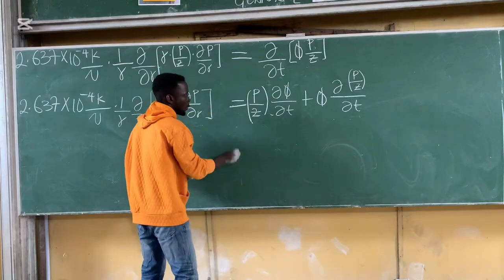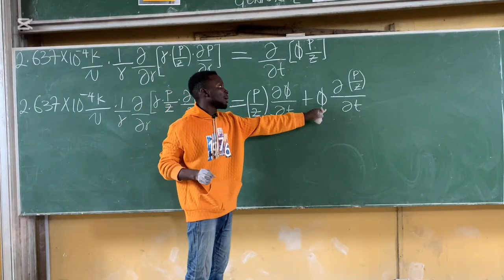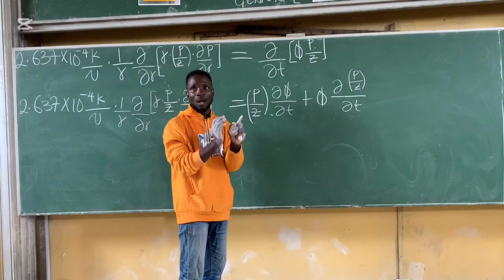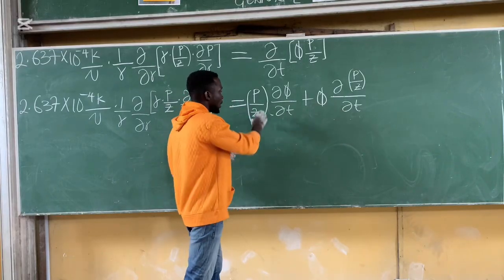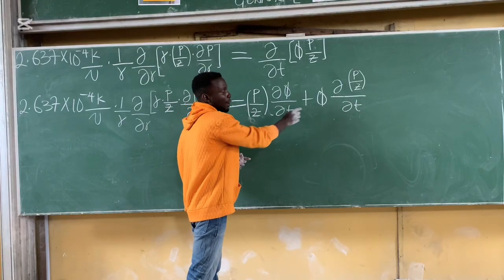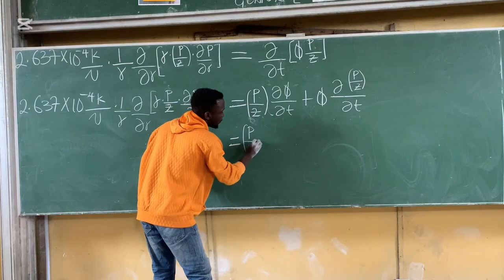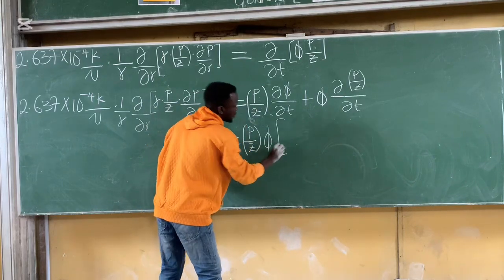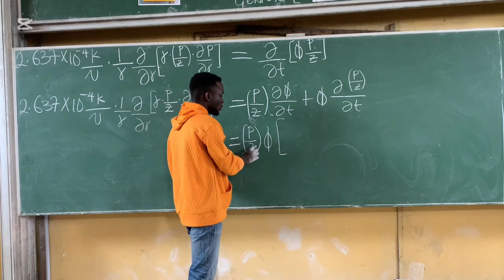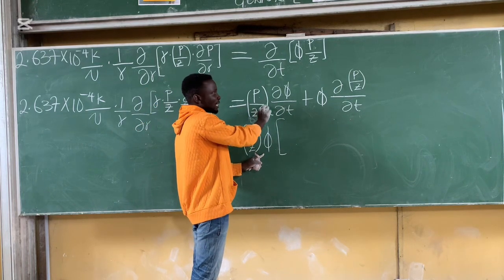The next step now is to factor out phi and p over z. Just factor out the constants, the ones that remain constant. So we are going to factor out p over z and phi. If you factor out p over z, we are going to have p all over z. Now let's open this bracket. If you factor out p over z and phi from here, first of all, factor out p over z, there will be nothing.